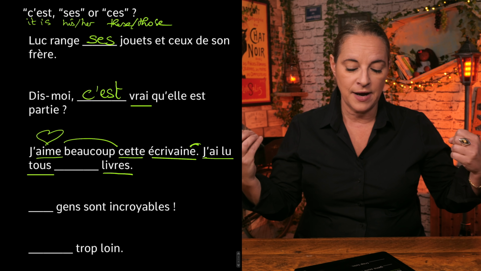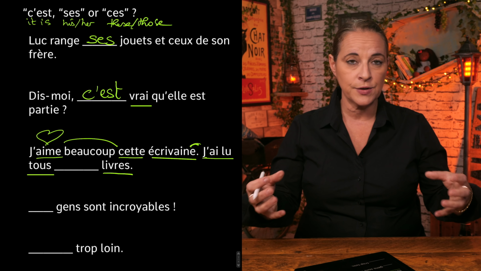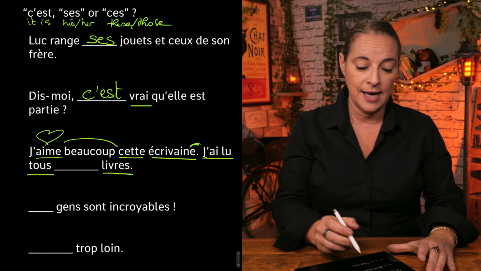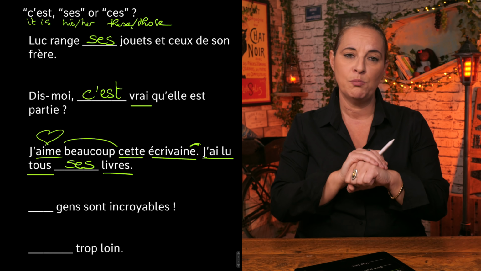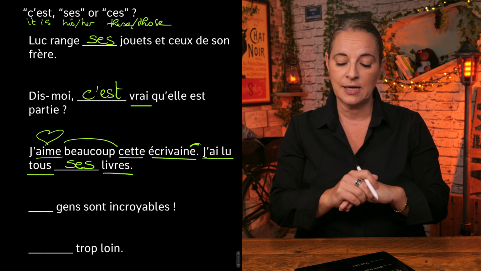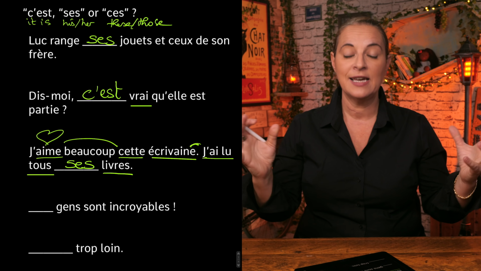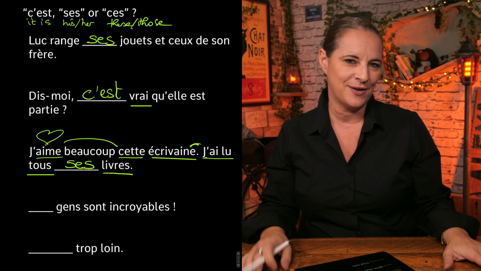So, I have read the books that this writer wrote. So that belongs to her. So in that case, knowing that, her book will become c'est as a possession. Okay? J'aime beaucoup cette écrivaine. J'ai lu tous ses livres. Okay? Can you see the difference between these three?